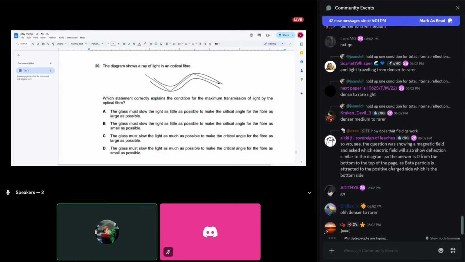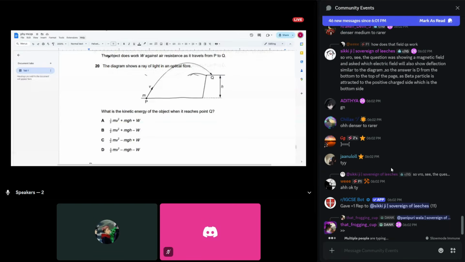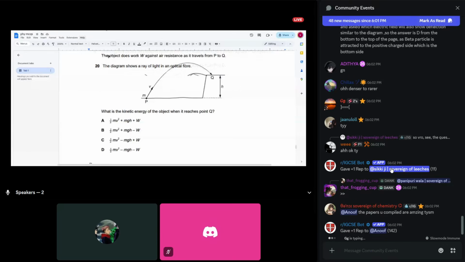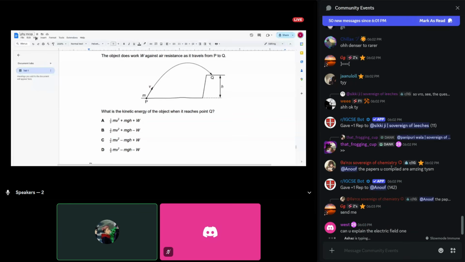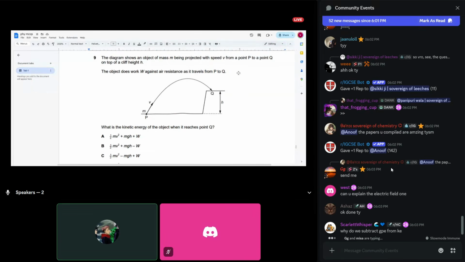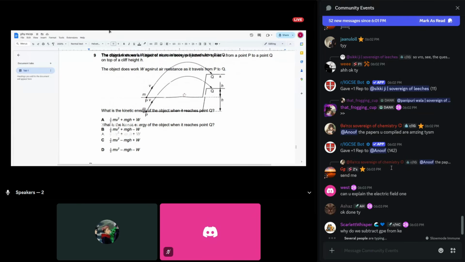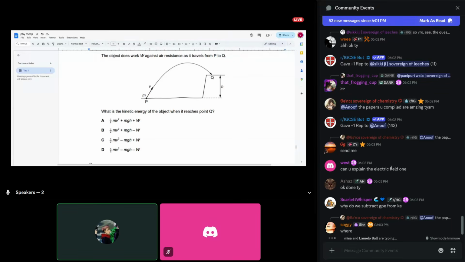Let's go back to this because people are asking. Okay, I'm going to explain this now. Look, the object does work W against air resistance as it travels from P to Q. So obviously we subtract W, right? I'm telling you why we subtract GP.